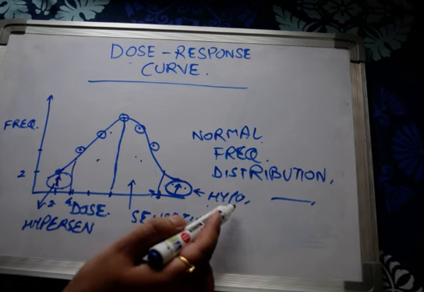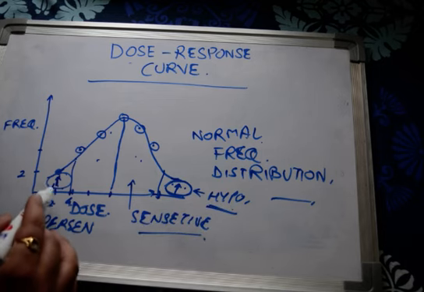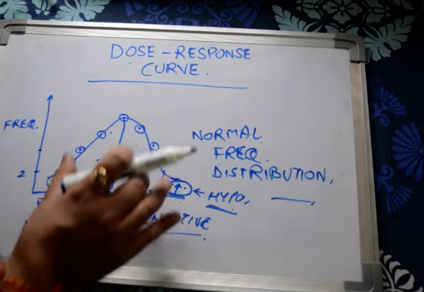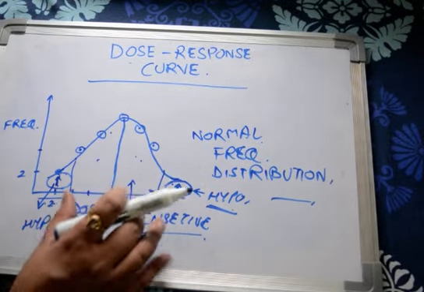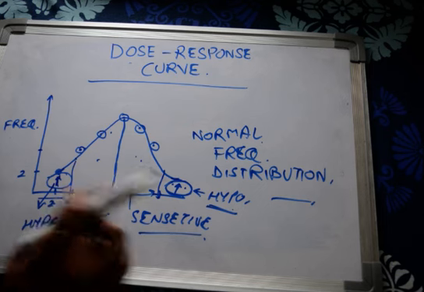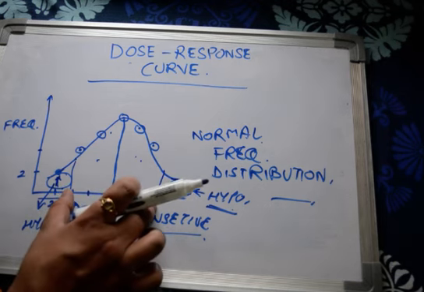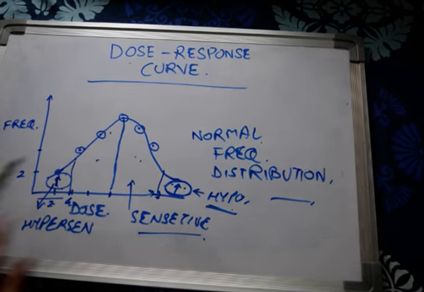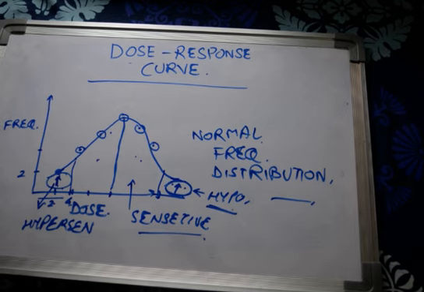You will have some people who respond less and some who respond more, and then the maximum of the population will be lying between these two limits. So this can also be found out by applying two standard deviations to the mean. So that is a different story that will be discussed elsewhere.